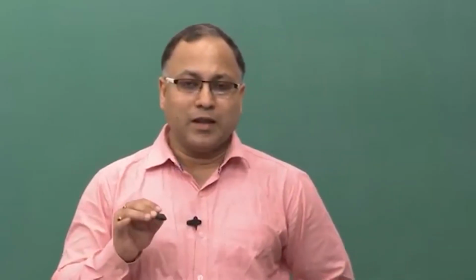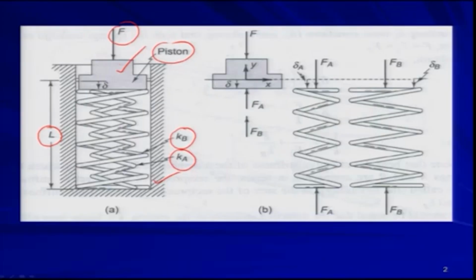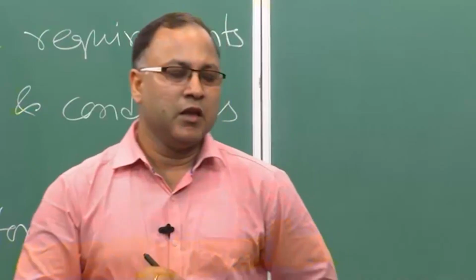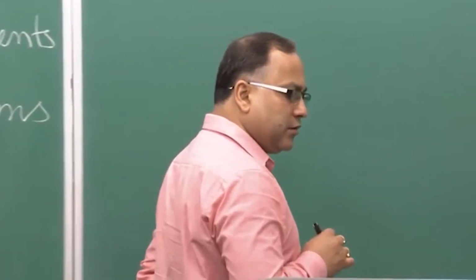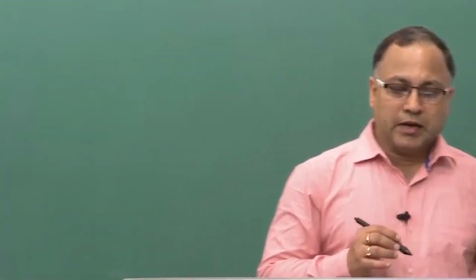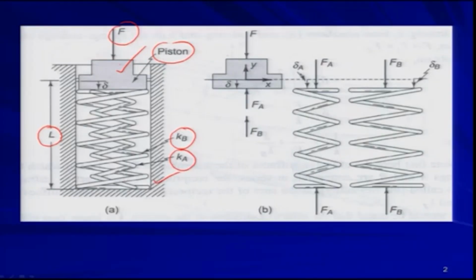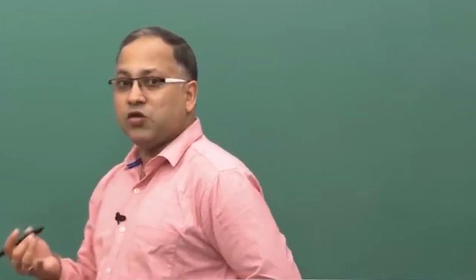One thing is very clear from this figure: if you apply a force F on top of the piston, and we consider that uniform displacement is happening, then spring A and spring B will share the load.